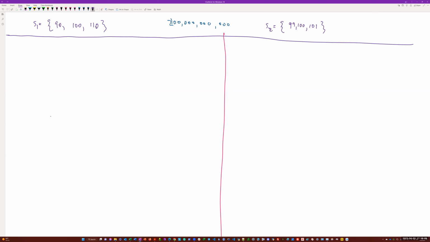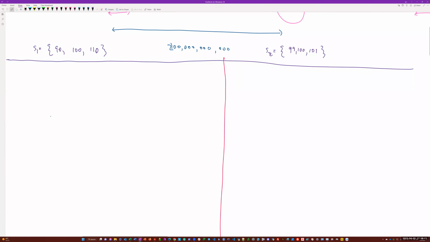Just going to write the formula here again, just so we have it. So that's S is equal to the square root of the sum from i equals 1 to n of (xi minus x bar) squared, all over n minus 1.